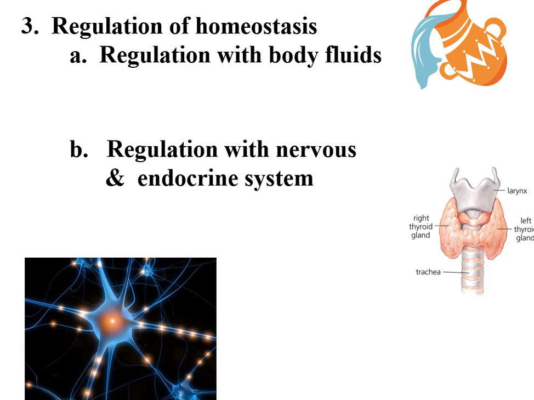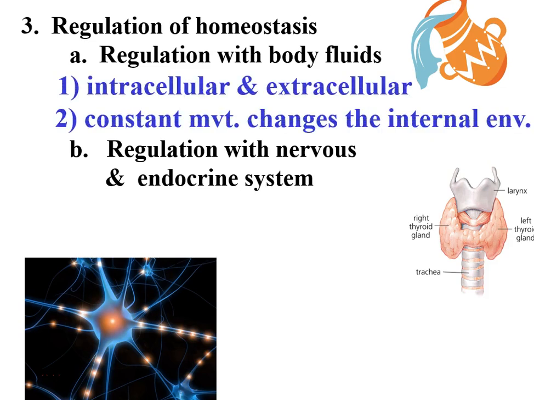Fluid's going to move into that area to try to balance that out. Or once that sodium's dissolved in the liquid, then you'll urinate it out and get rid of it from the body. Fluids move in and bring substances with them that can change the inside of a cell or the inside of an organ. So by moving body fluids, we can regulate our internal environment and thus regulate homeostasis.